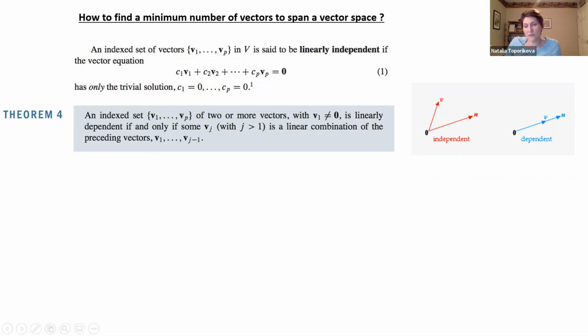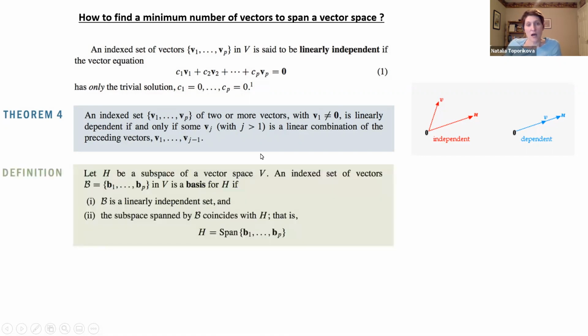For example, if you're working in 2 dimensions, you don't need two vectors in your spanning set which are proportional to each other. Okay, and when we get rid of all these unnecessary, linearly dependent vectors, we end up with a minimal set of vectors needed to represent our vector space.